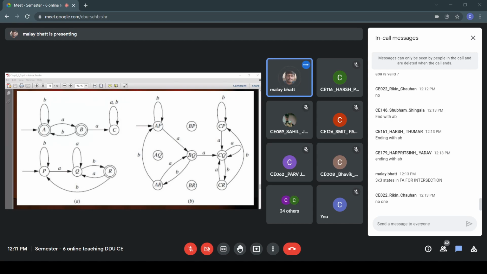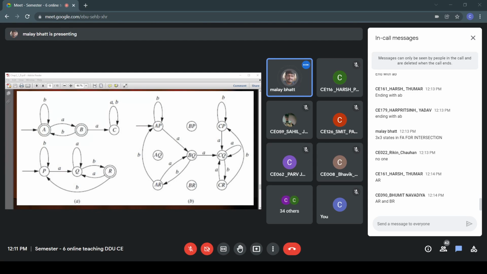What is the rule? For the intersection purpose, we have to only consider those states in which accepting states of both the machines are present.